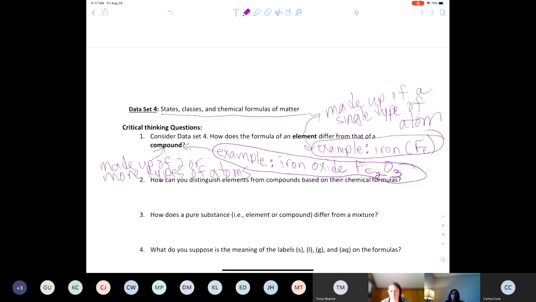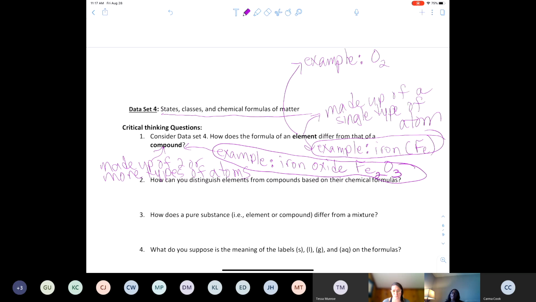Another example is water, H2O. Water is a compound made up of 2 elements, hydrogen and oxygen: 2 atoms of hydrogen, 1 atom of oxygen. But oxygen itself is an element because it contains only oxygen atoms. Oxygen exists in the air as O2, 2 oxygen atoms bonded together.